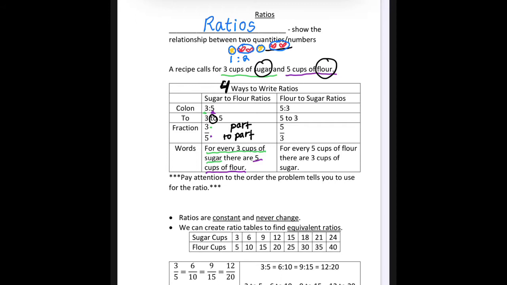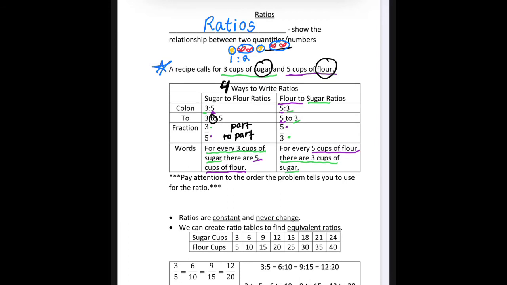Now, you can also flip-flop the ratios and write them in a different order. So now we're going to talk about flour to sugar ratios. We're still working with the same example, but the order switched around. So now we have a 5 to 3 ratio, and then for every 5 cups of flour, there are 3 cups of sugar.